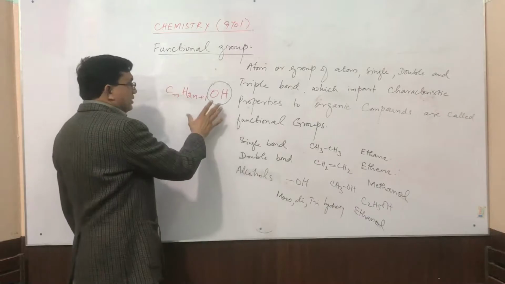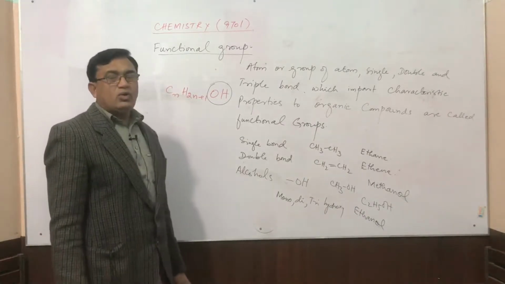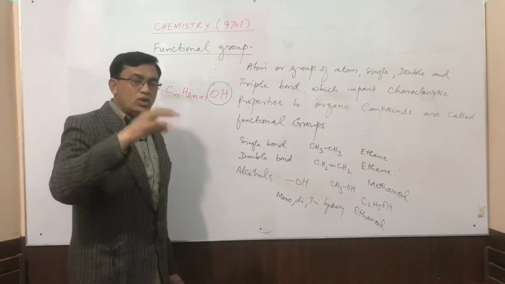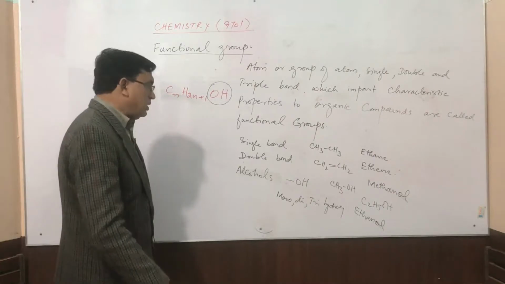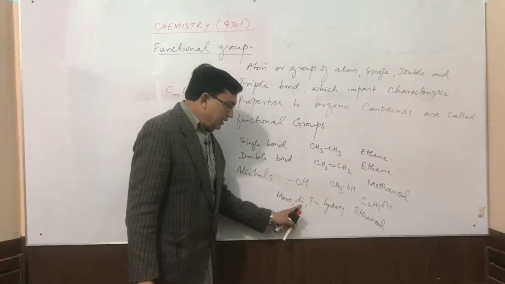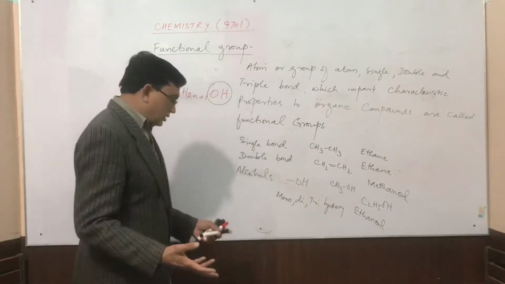Now, according to this general formula, the alcohols produced will be monohydroxy alcohols, but the alcohols might be of di, tri or tetrahydroxy also.